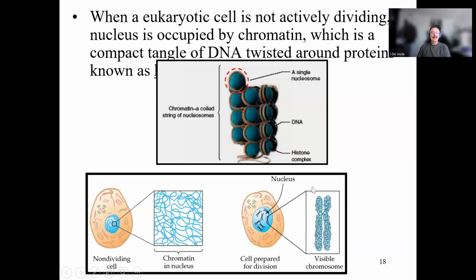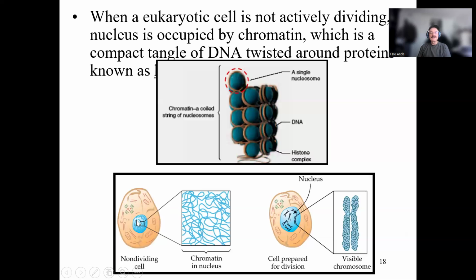It's easier to package. So you can see on the left side here, when the DNA of the cell is packaged in a non-dividing scenario, what you see is the DNA wrapped into these strands. But essentially, what it is a complex between DNA and these histone proteins, and we call that chromatin.